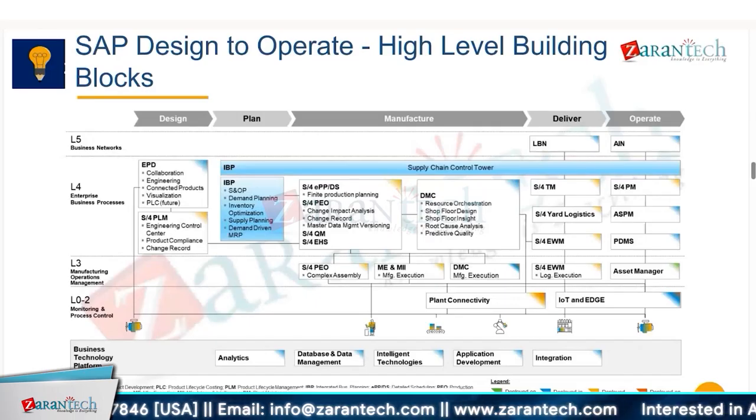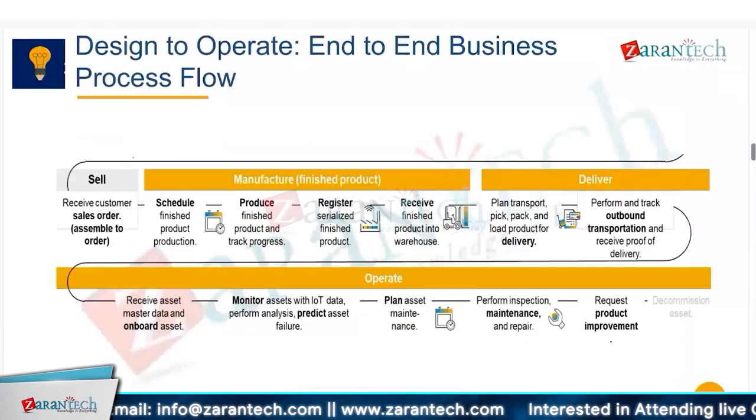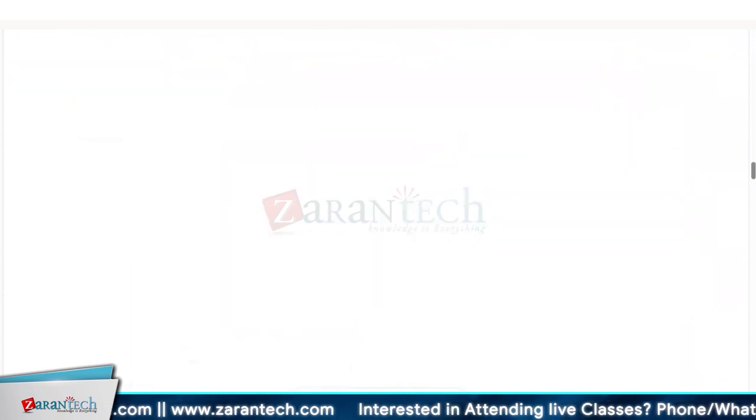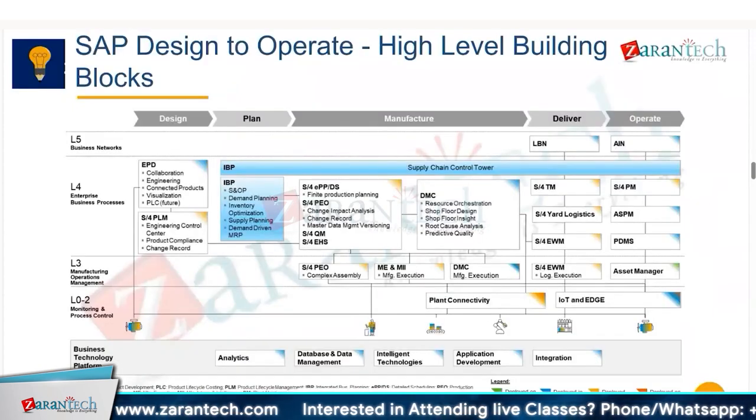So we start off with the session. We stopped at this particular slide, which was mainly talking about the design to operate process flow. In the first couple of days, we focused on how demand planning and forecasting is done. Now, we are talking about how supply planning is done.